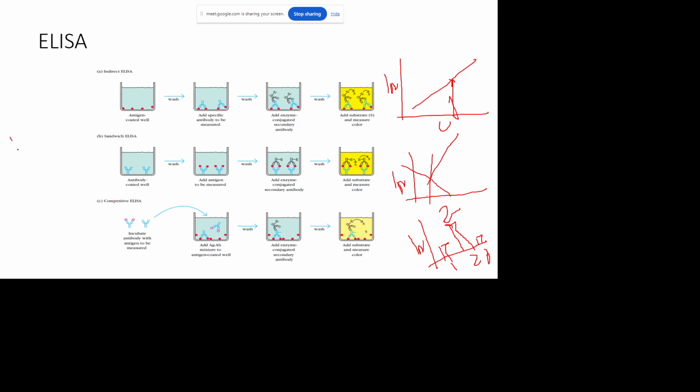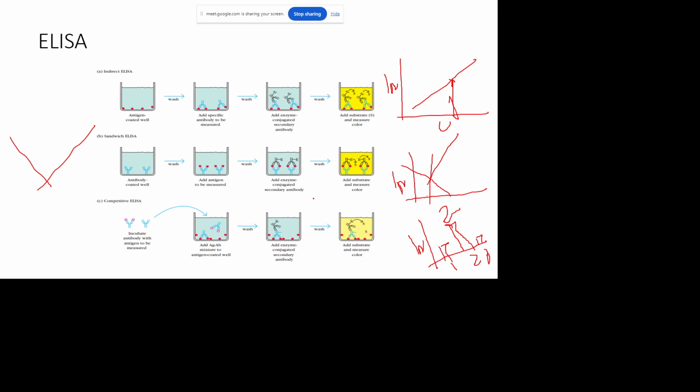Suppose initially you have taken a lower concentration of this antigen. So in this case, the availability of free antibody will be more, right? If there is more free available antibody, then you will get more signal. Why? Because more of this antibody will bind to the antigen coated in the well, and this antigen is different, right?